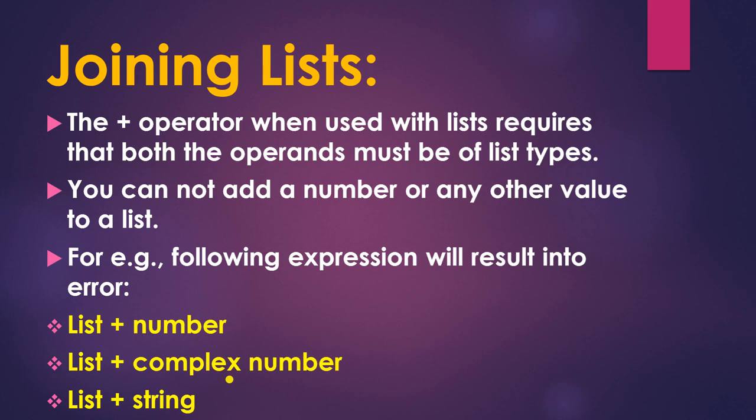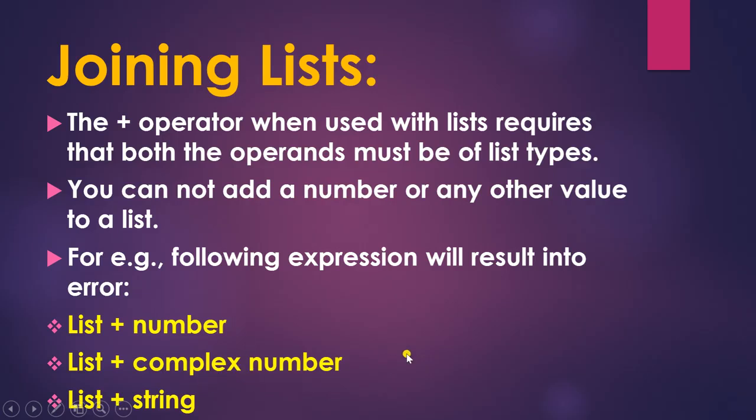It will not add any number. If you add any number, it will give you an error. For example, the following expressions will result in an error: list plus number, list plus complex number, list plus string. If you try this, it will give you the error.